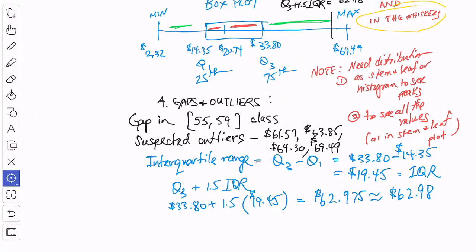All the observations above 62.98 are statistical outliers. That's the conclusion.